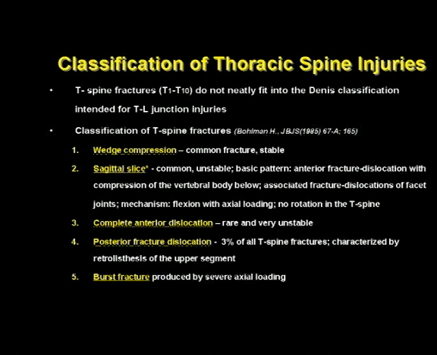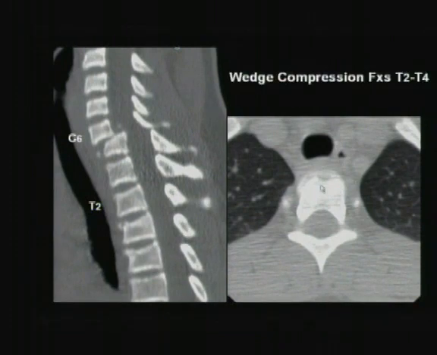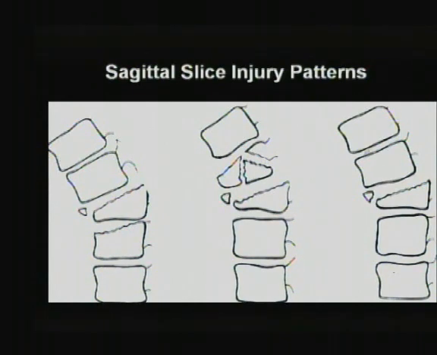The burst fracture is very similar to the one in the thoraco lumbar spine. It's due to severe axial injury. Ignore the C spine injury for a moment and concentrate on the thoracic spine injury. And these are all wedge compression fractures due to failure of the anterior column. This is the sagittal slice. They all look the same.